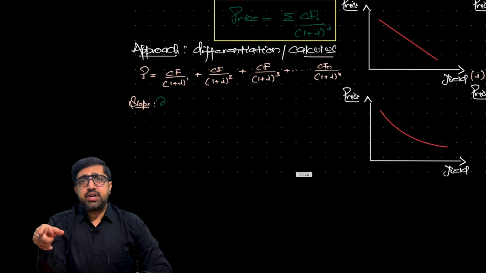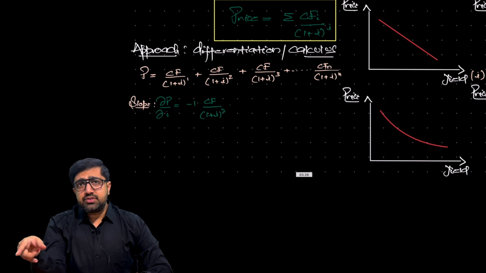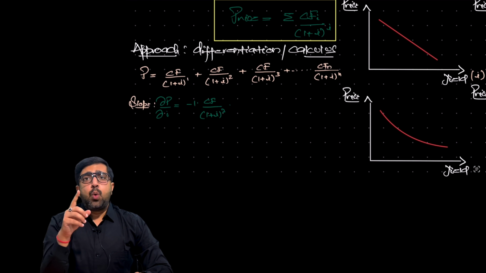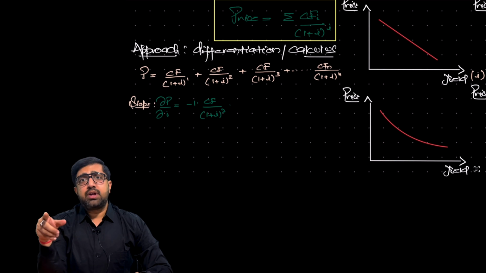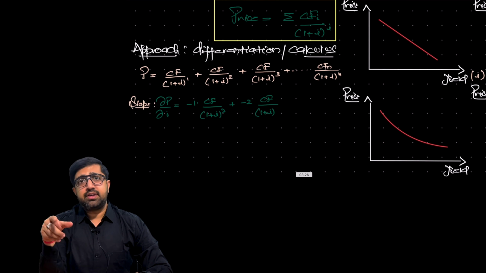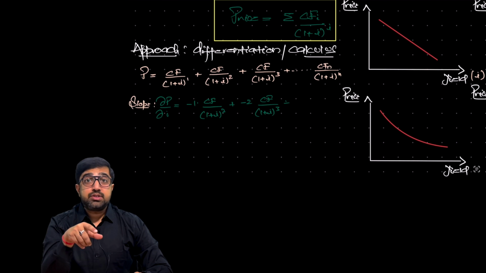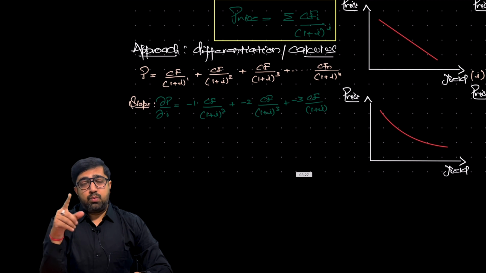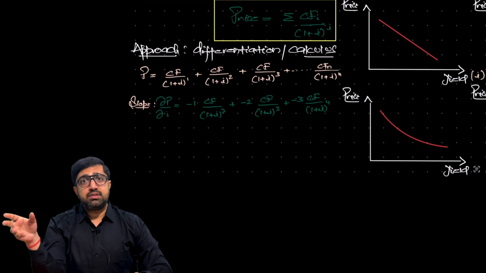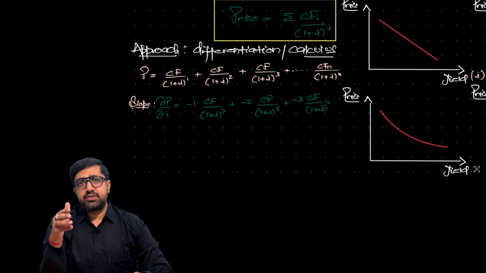So when you differentiate the price with respect to the interest rate, it will come as minus 1 into cash inflow upon 1 plus interest rate raised to the power 2, then minus 2 into cash inflow upon 1 plus interest rate raised to the power 3, then minus 3 into cash inflow upon 1 plus interest rate raised to the power 4, and so on.